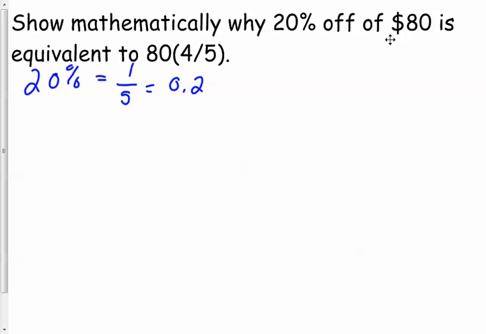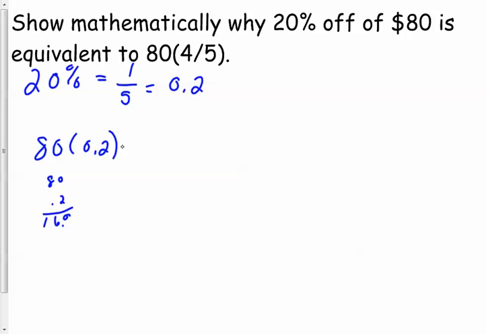So if I want to find 20% off of the 80, I would have to do 80 and then maybe multiply by one of these, maybe 0.2, and figure out the answer to that, which would be 16.